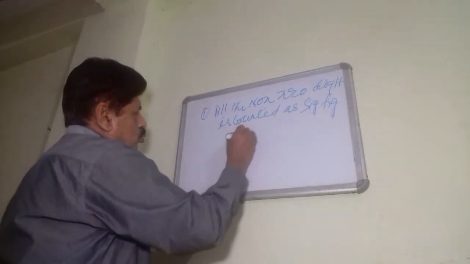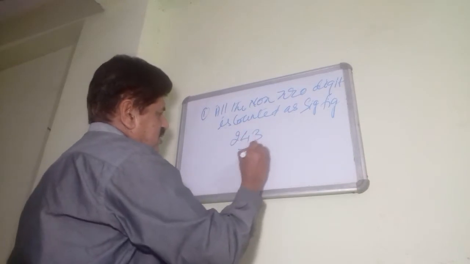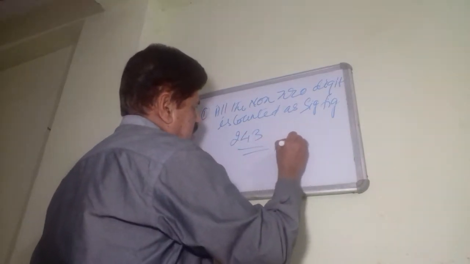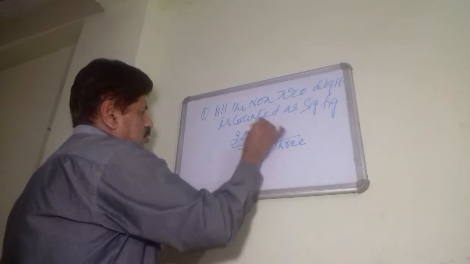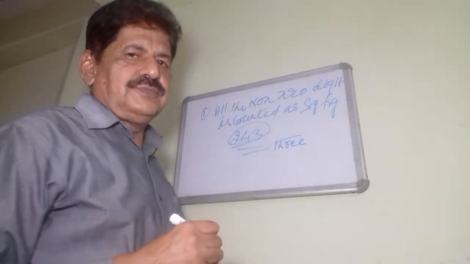Example, 243. So here the significant figures are 3 because all are non-zero digits.